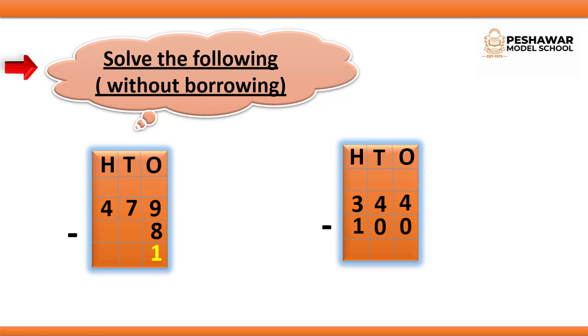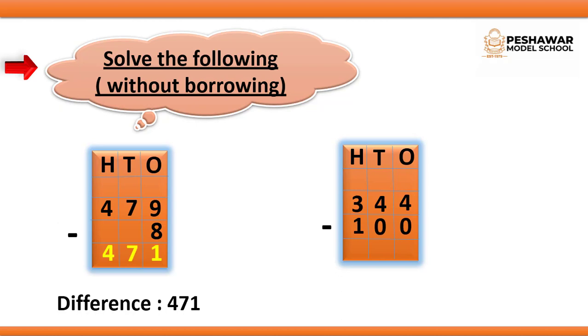In the tens place we have only 7 tens, so this 7 tens comes down. After that we move to the hundreds place. Here we have only 4 hundreds, so this 4 hundreds also comes down. So we get 471. That is, by subtracting 8 from 479 we get 471.